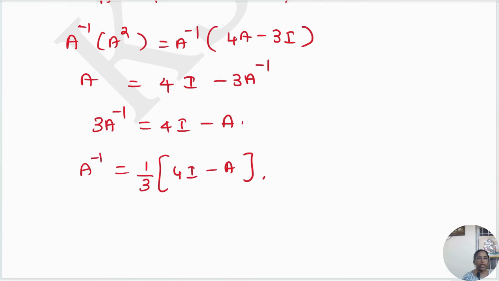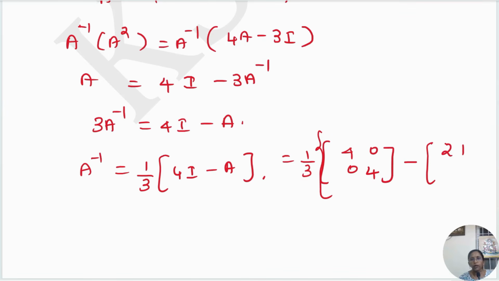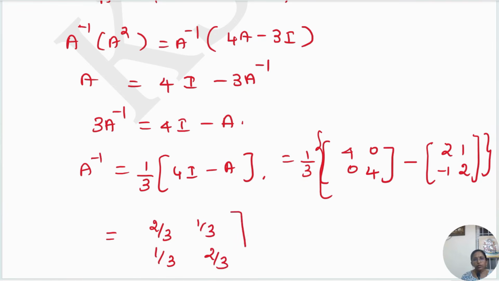So you can substitute your values so that you can get your answer here. So here it is 1 by 3 times 4 times I. So this is 4, 0, 0, 4 minus, you can keep your bracket like this, and A value is 2, 1, minus 1, 2. And simplify your answer. Your answer will be 2 by 3, 1 by 3, 1 by 3 and 2 by 3. So this is our A inverse answer.